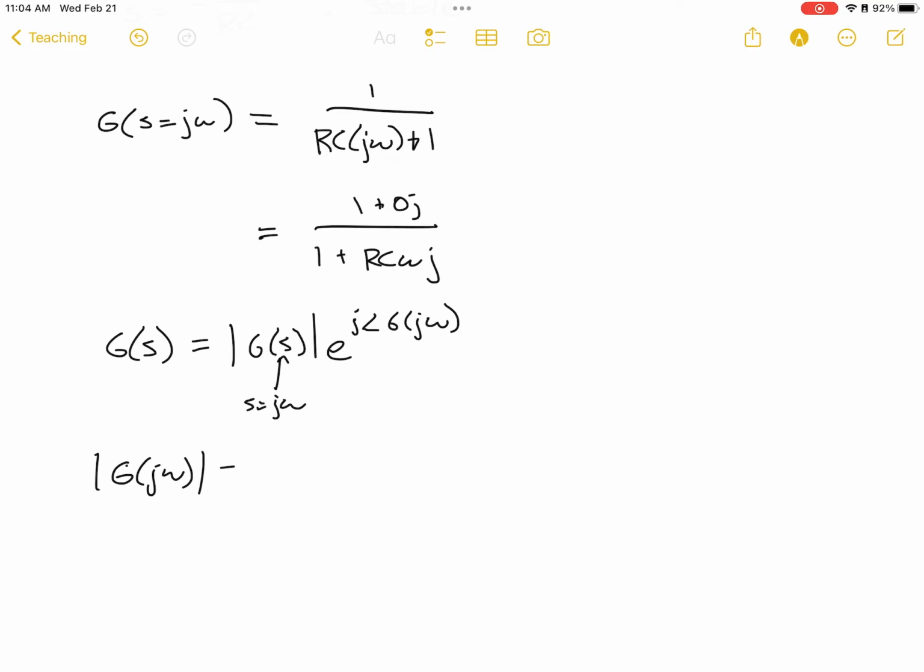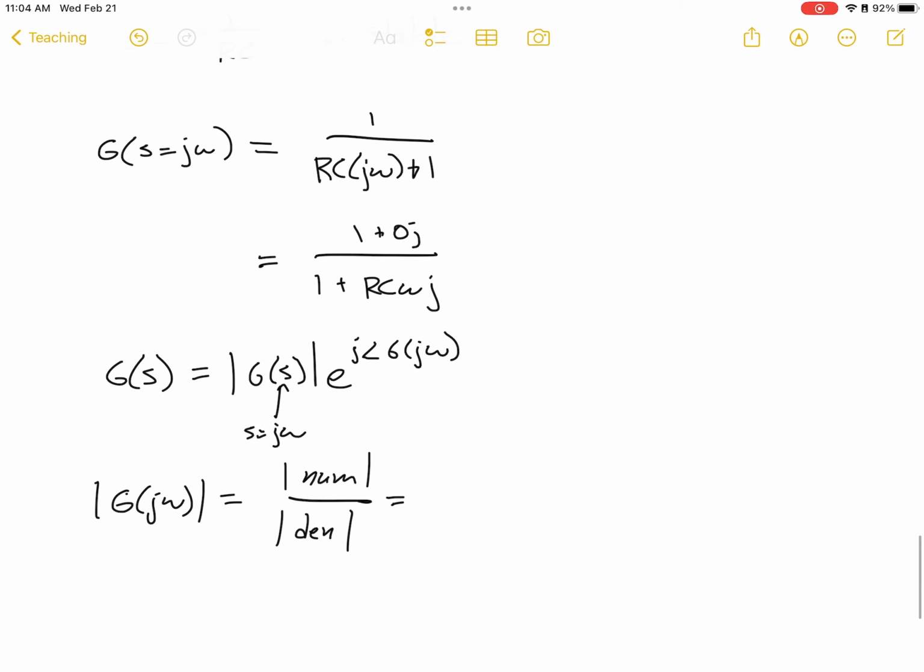That equals the magnitude of the numerator divided by the magnitude of the denominator. In this case, the magnitude of our numerator is just 1. And the magnitude of the denominator we can find by the Pythagorean theorem. So it's going to be the square root of 1, our real component, squared plus RC omega squared.